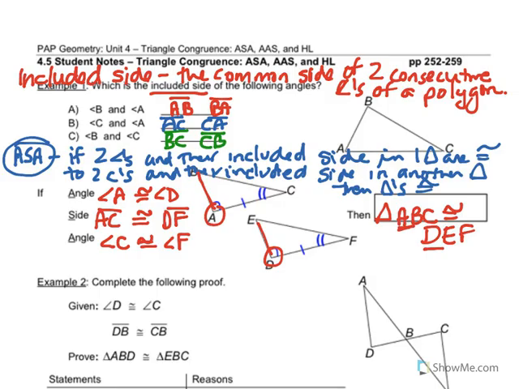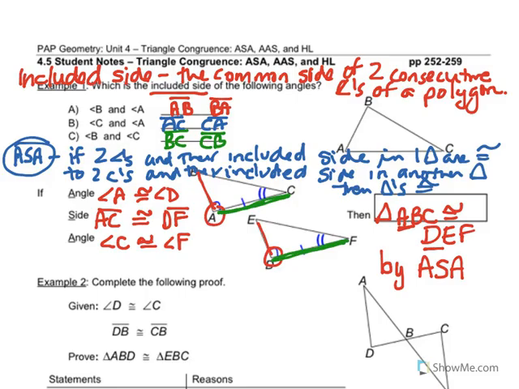So triangle ABC is congruent with DEF, and what's our reasoning, or how can we justify that? By angle side angle. Now, where on those two triangles is the included side? And I hope you can see that it's this side. This is the side that is shared.